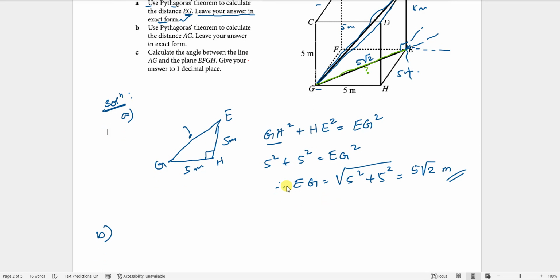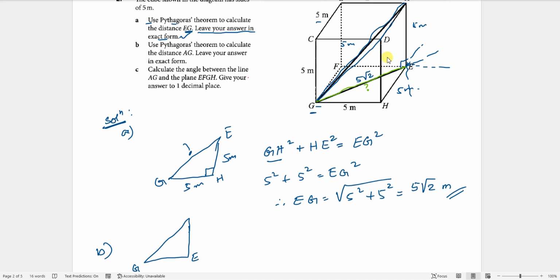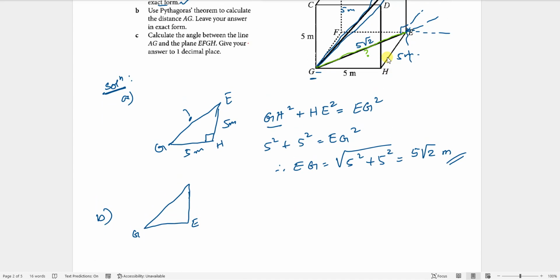So how do we do the second part? Let's draw the diagram. In this sort of question, the most important part is you draw your diagram correctly, or else you are going to get a wrong answer, or you'll be very confused. Diagram makes it very simple. So we have G, we have E, and we have A on top.